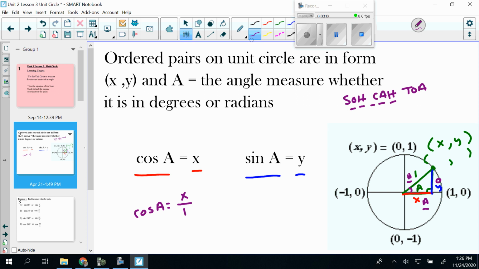So sine of my angle is opposite over hypotenuse, so it'd be y over 1, or just y. And so when we're doing this here, not only is it an x, y value, but it's also your cosine of the angle value and your sine of the angle value. So any ordered pair is always going to be cosine of whatever angle is for your x, sine for your y.